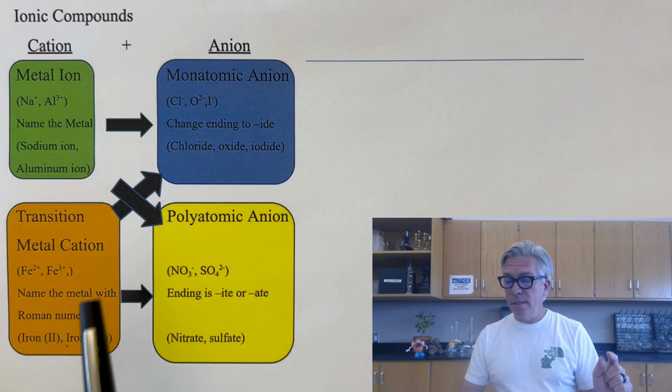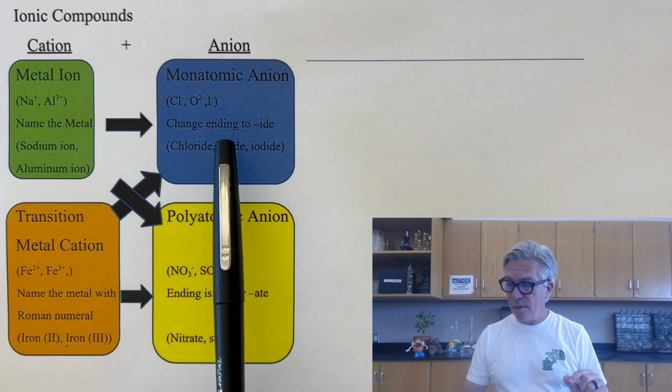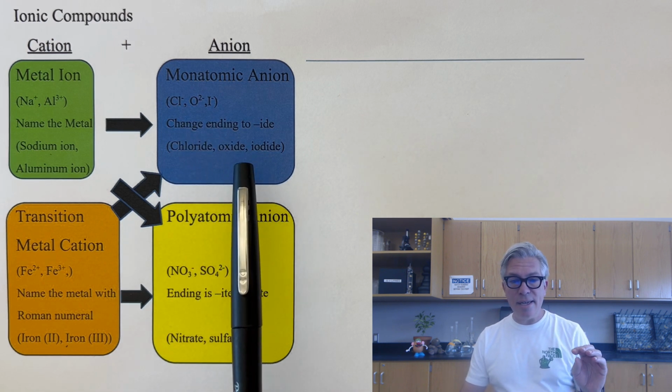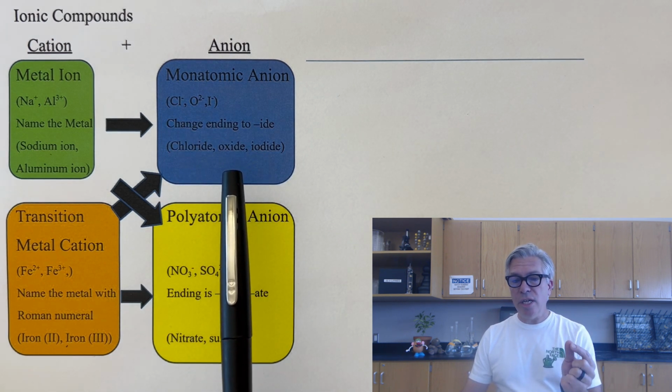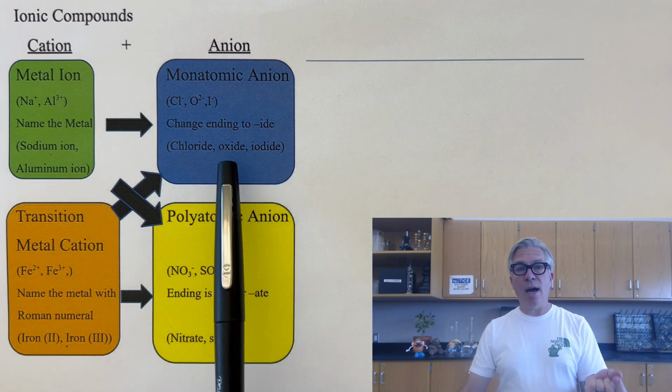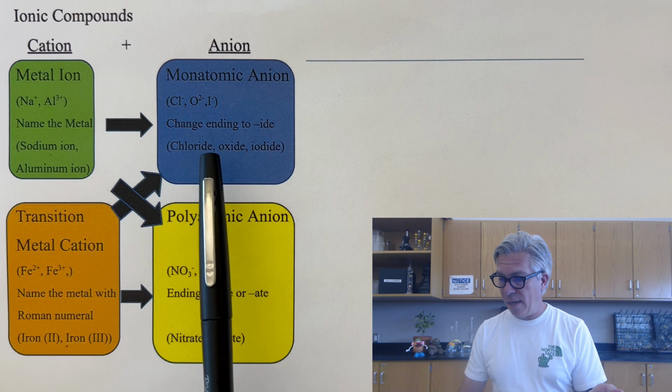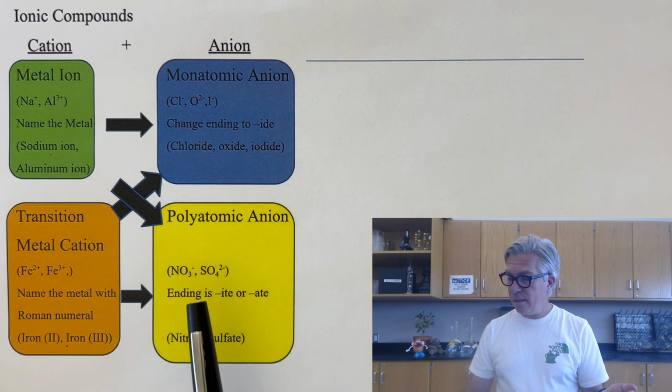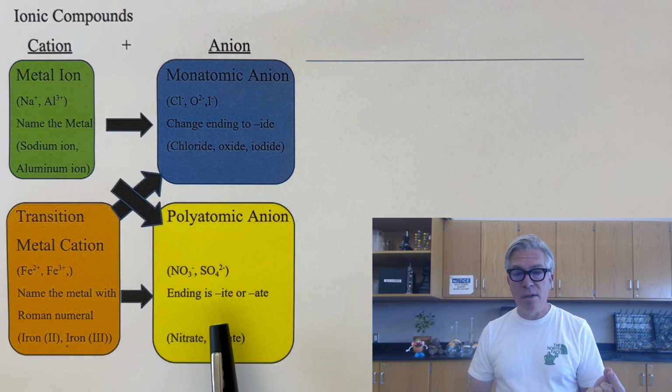Simple monatomic ions like chloride, oxide, iodide get named, but we do change the ending when they're in a compound, and we use the ending IDE for monatomic anions. And polyatomic ions, most of them end in ite or ate.